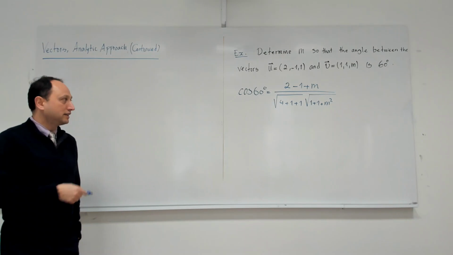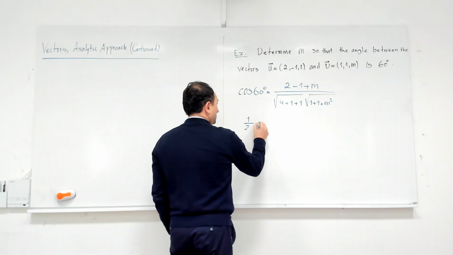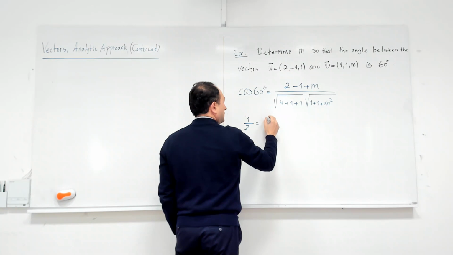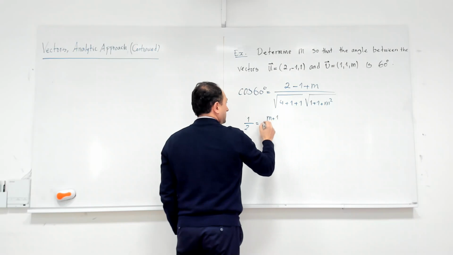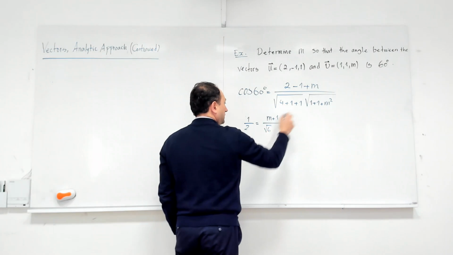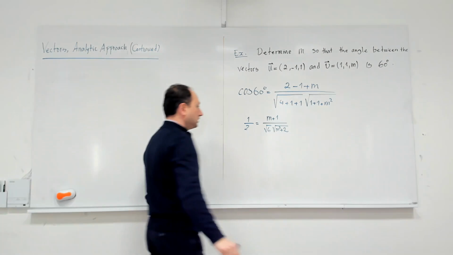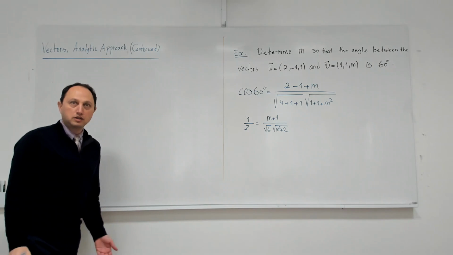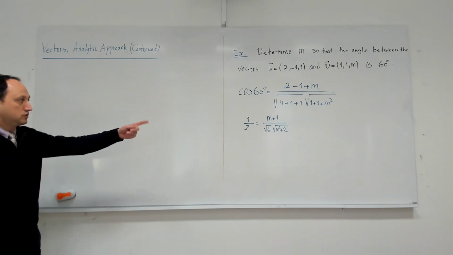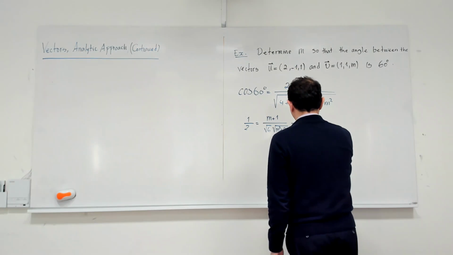Yes? Okay. And then cosine of 60 is 1/2. This becomes just m plus 1. This is just the number, the square root of 6. And then you have a square root of m squared plus 2. This is a root equation, but not a hard one. You need to get rid of a square root sign. So what you do, first of all, I do it like this.